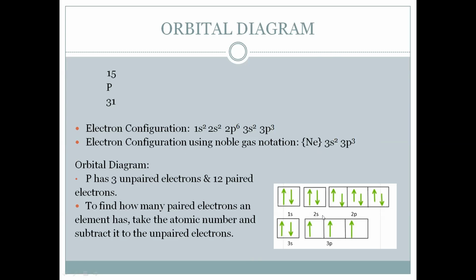An easier way to know how many paired electrons an element has is to subtract the number of unpaired electrons from the atomic number, and you will get the number of paired electrons. As I said earlier, if you're dealing with elements that have a higher atomic number, this might be helpful for you. So 15 minus 3 is equal to 12.